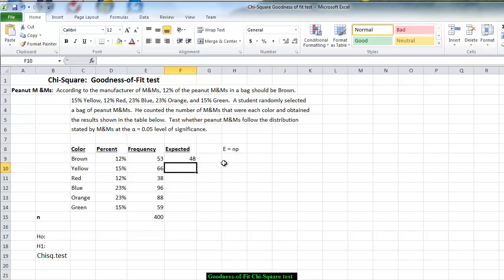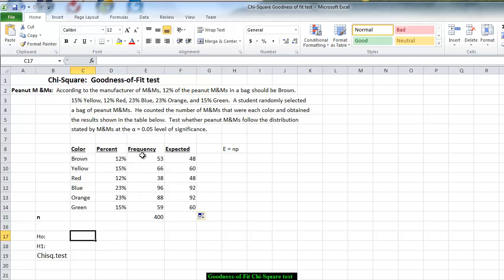So we would have expected 48 of the M&Ms in this bag to be brown. Now we're going to copy this formula. We left click, make sure we have the plus sign on the bottom right-hand corner, and we go through all of the M&M colors. So we would have expected 60 yellow, 48 red, 92 both orange and blue, and finally 60 green.